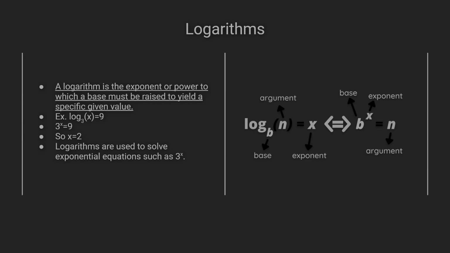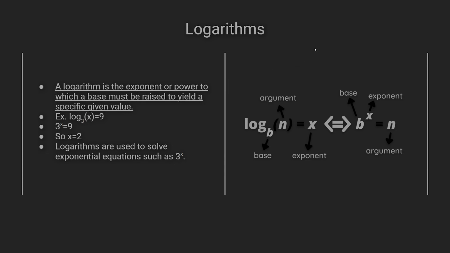So as we're going to explain in the following slides, logarithms are used to solve exponential equations, such as 3 to the x. You might have tried solving these types of exponential equations before, but you couldn't without a calculator. You would always need a graphing calculator. But logarithms allow us to kind of cheat that and use their rules to solve these equations.